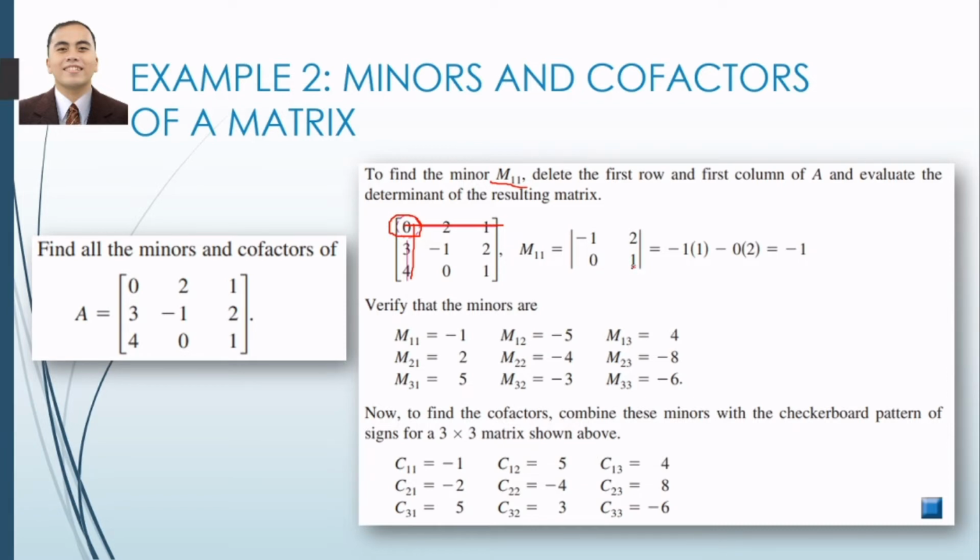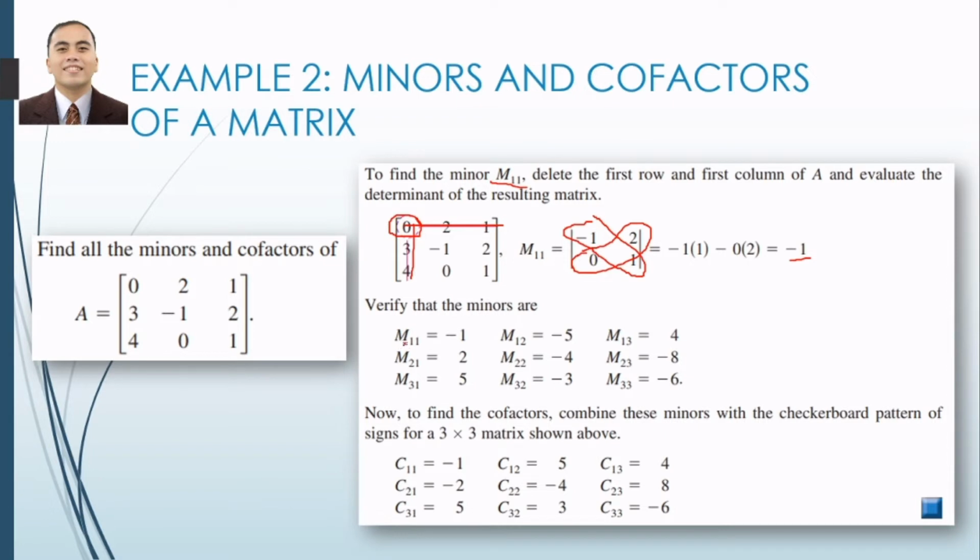So therefore, the determinant would be negative 1 times 1 minus 0 times 2. So negative 1 times 1, that is negative 1, minus 0 times 2 is 0. Therefore, the answer is negative 1.